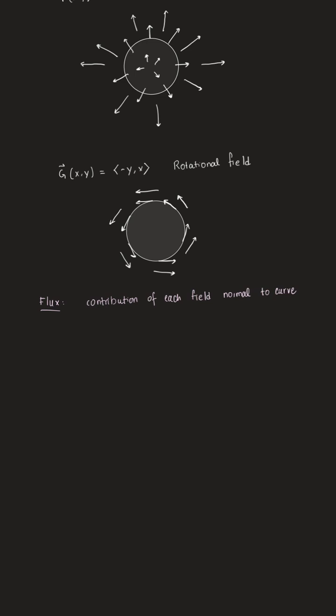Let's suppose that we have a continuous vector field. Let F(x,y) be a continuous vector field composed of two functions, f(x,y) and g(x,y), and this is continuous.